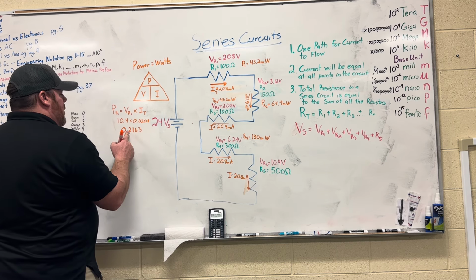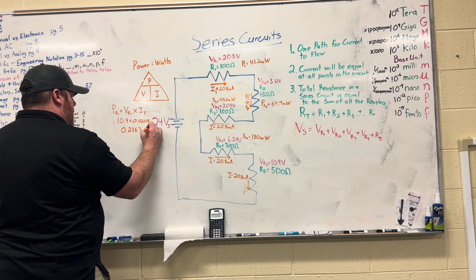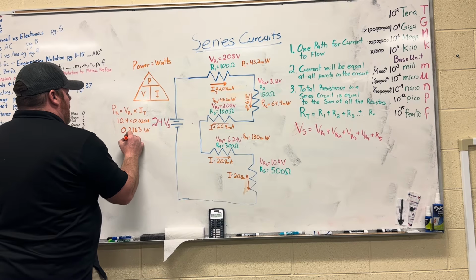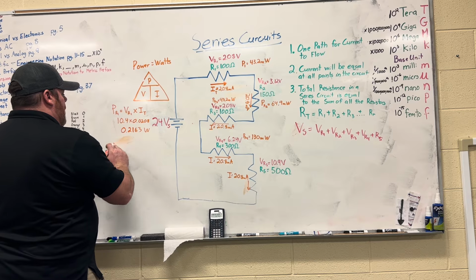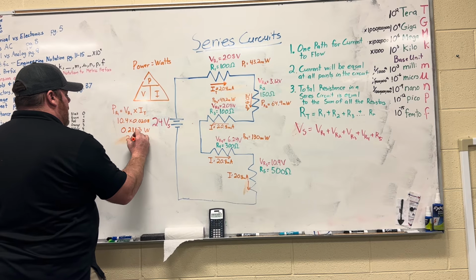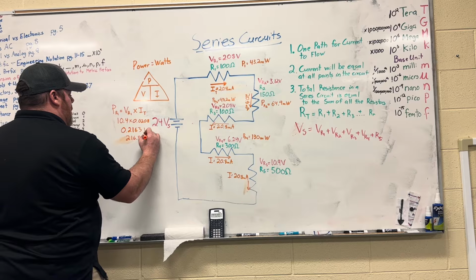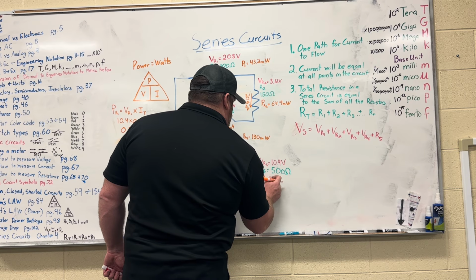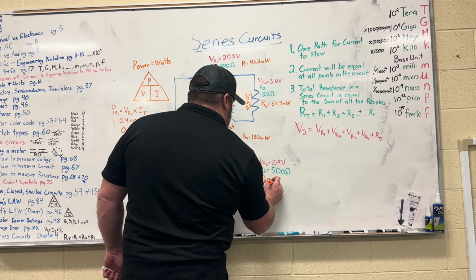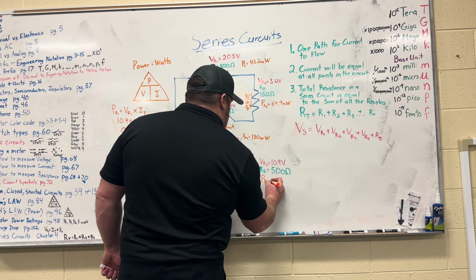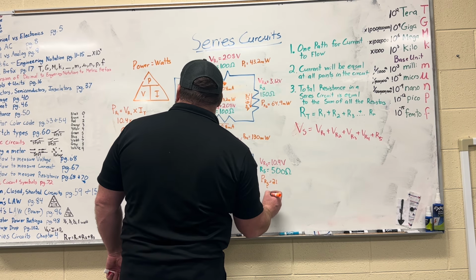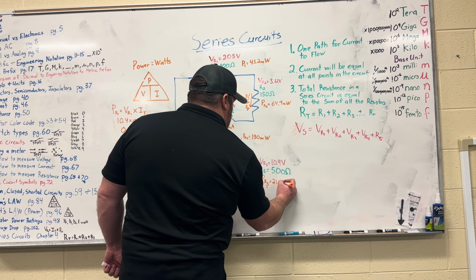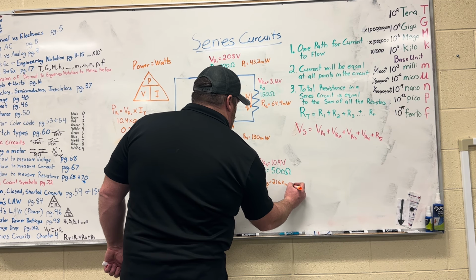It came out to 0.2163 watts, and if we convert this to metric format, it is 216.3 milliwatts. That is the power consumption of resistor 5: 216.3 milliwatts.